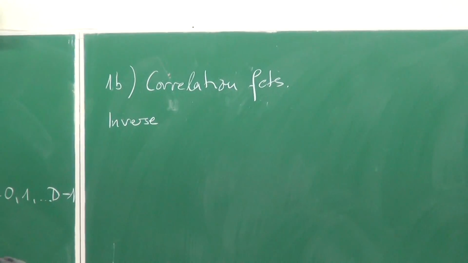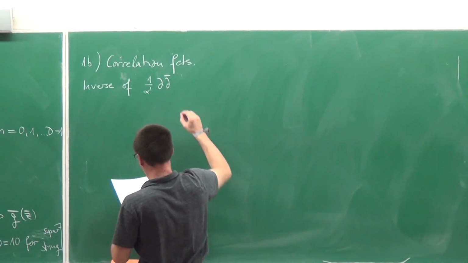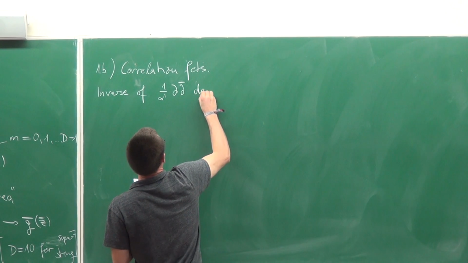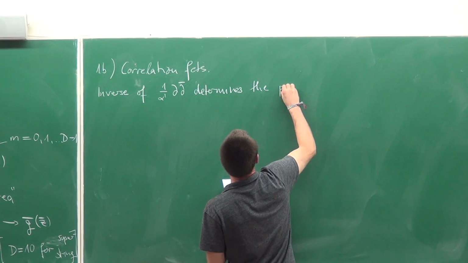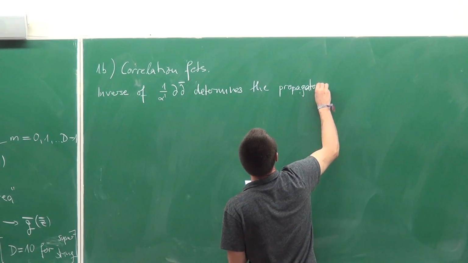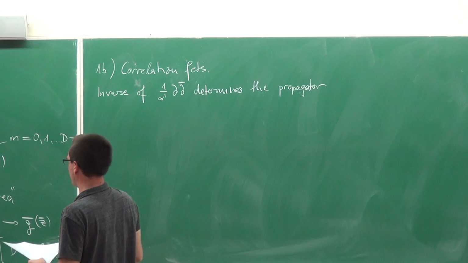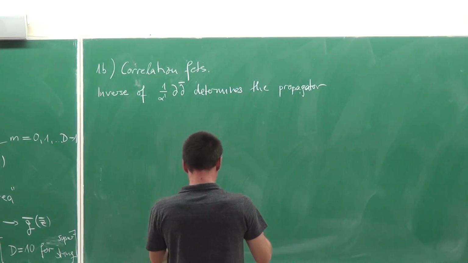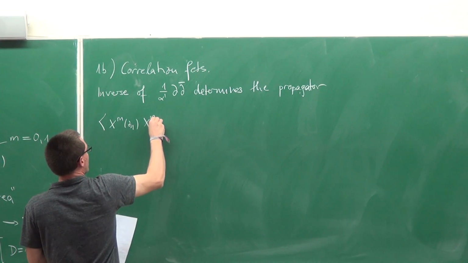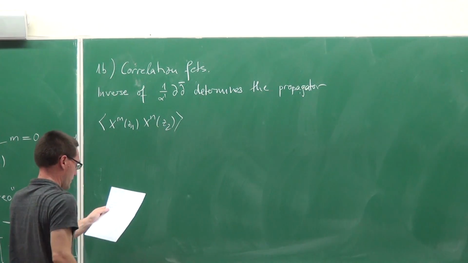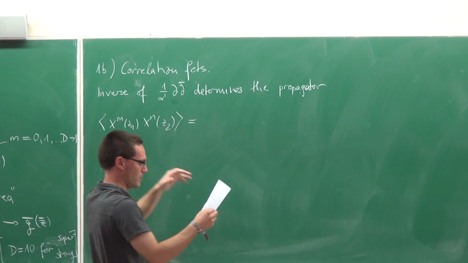The inverse of the kinetic operator: which Green's function do I have to take such that this operator produces a delta function?